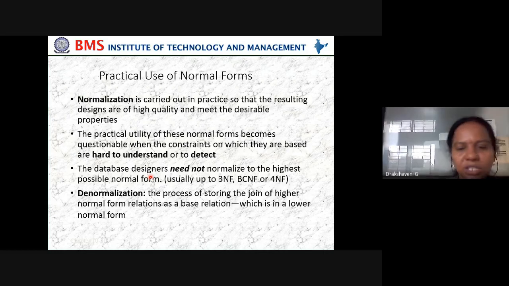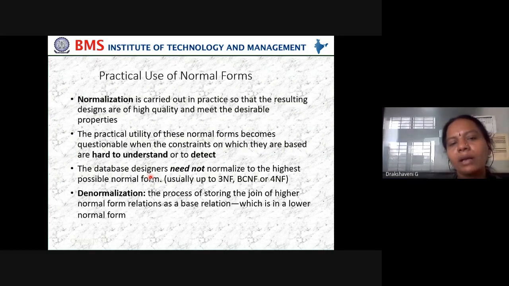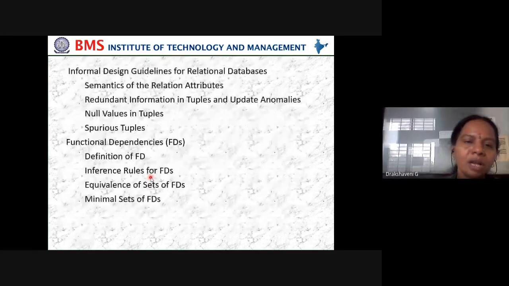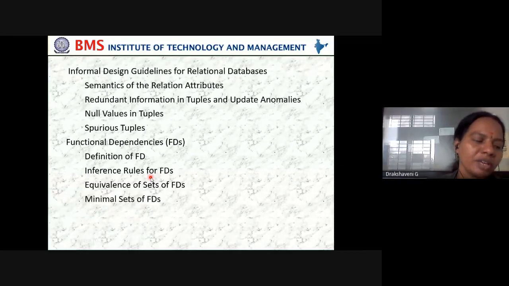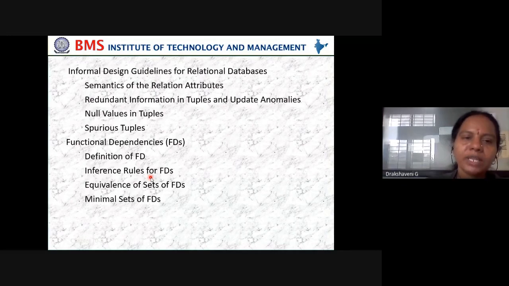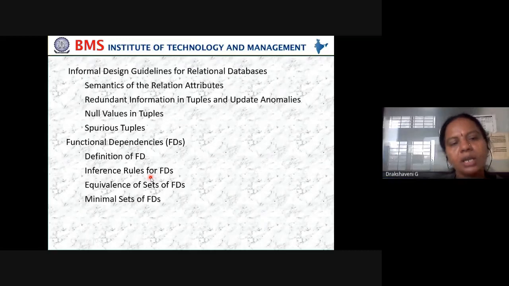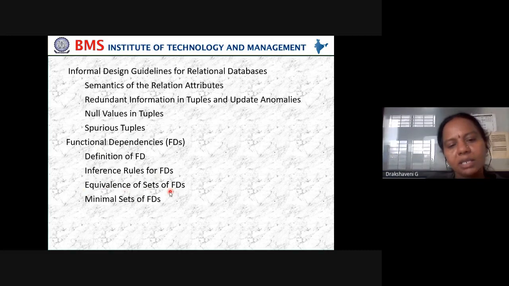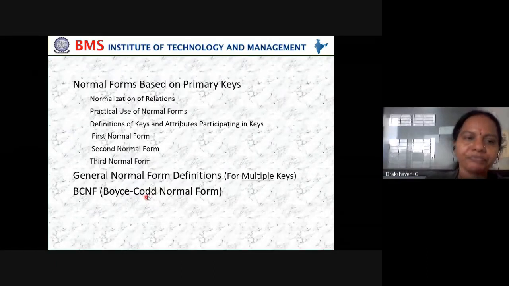So we'll just look back at what we have covered today. We started with functional dependency, and what we are covering in this unit is informal design guidelines for relational databases, semantics of the relation attributes, redundant information in tuples and update anomalies, null values in tuples, surplus tuples, functional dependencies, definition of functional dependency, inference rules for functional dependency, equivalence of sets of functional dependencies, then minimal sets of functional dependencies.